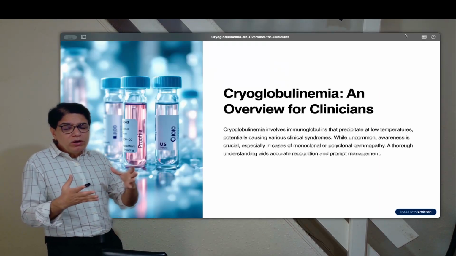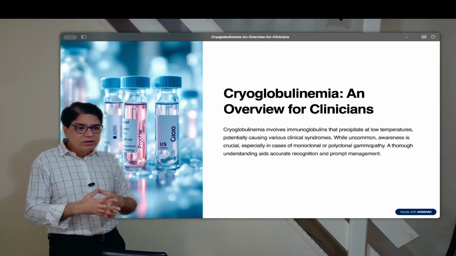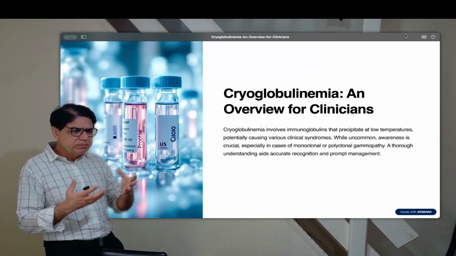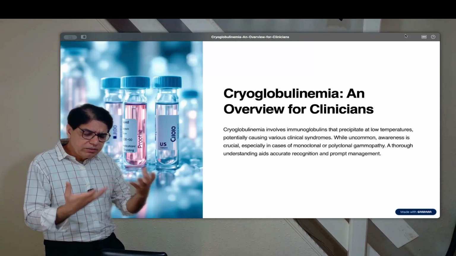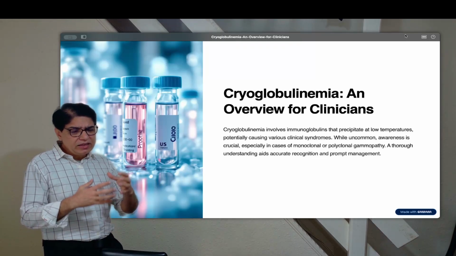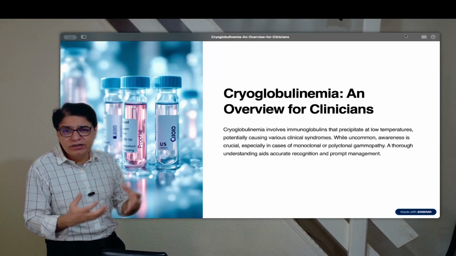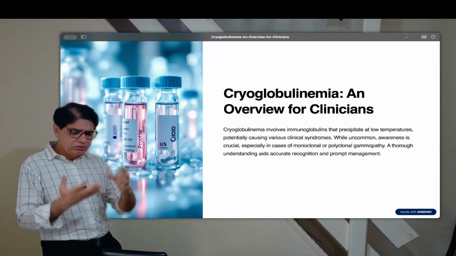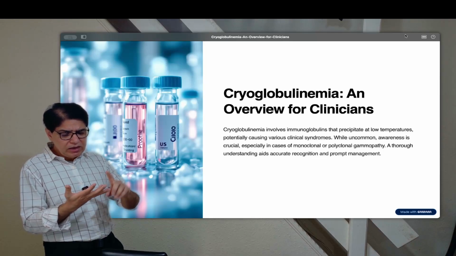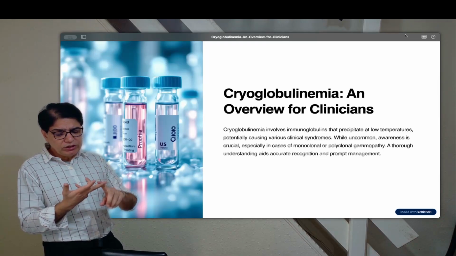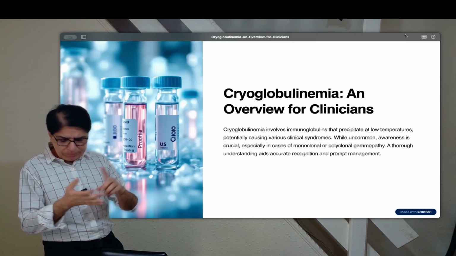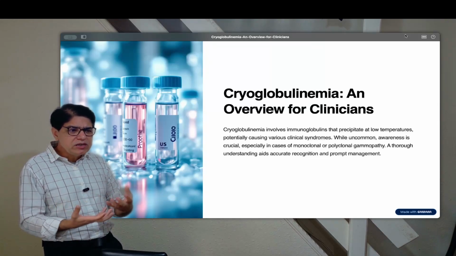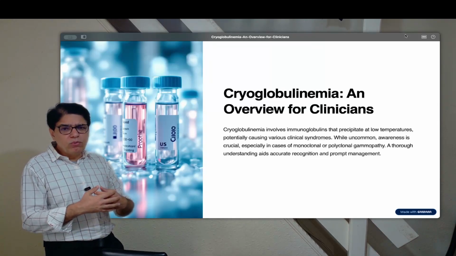So, immunoglobulins basically are created from the B lymphocytes, and they have a specific role to play in the body, and that is that they help you in fighting different types of bacterial and viral infections. Now, there are 5 types of immunoglobulins: immunoglobulin A, immunoglobulin D, immunoglobulin G, immunoglobulin M, and immunoglobulin E. Any one of them can increase in the blood because of various reasons.